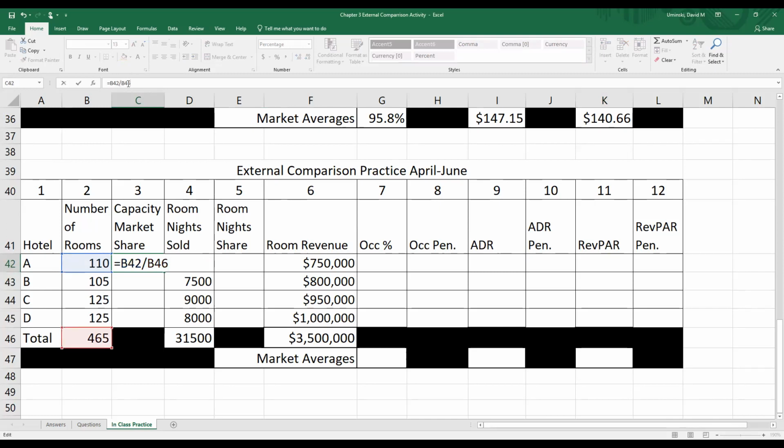Oops. Now I'm nervous. Occupancy rate is equal to that divided by that.